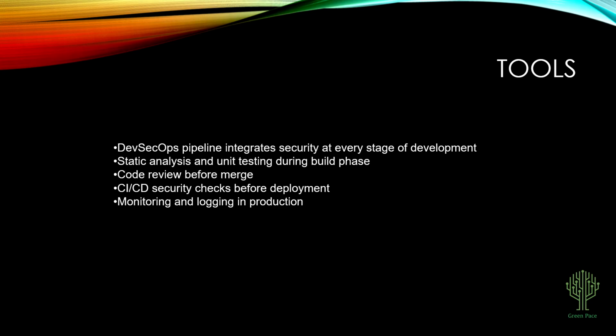During deployment, CI and CD pipelines enforce security gates, meaning the application cannot move forward if tests fail. And once a system is in production, logging and monitoring tools continuously track activity to detect suspicious behavior. By integrating these tools across the entire life cycle, security becomes continuous instead of something that only happens after a problem occurs.